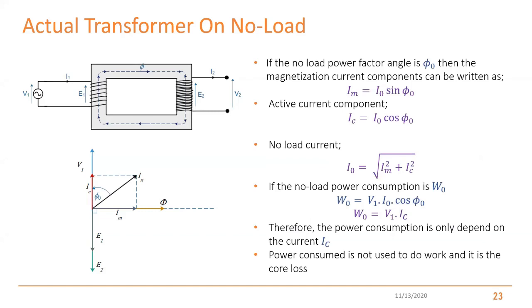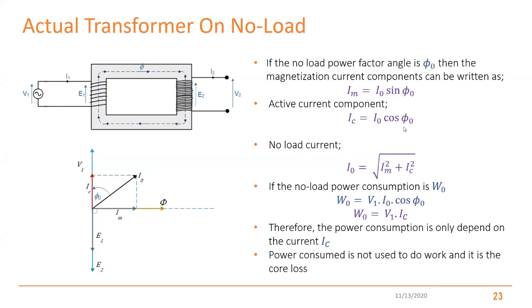If the no load power factor is phi naught, then we can calculate the magnetization current as I naught sine phi naught, whereas the active current component IC can be calculated by I naught cos phi naught. Therefore, the no load current is related to IM and IC as in this equation. If the total core loss at no load is W naught, that is given by V1 I naught cos phi naught.